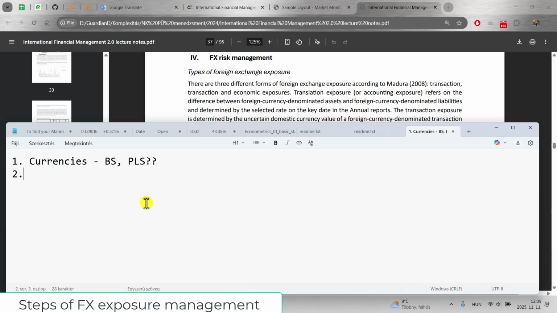The next thing, what we have to remember anyhow, is what is the net position. If we have more expenditures than revenues, it means that we are highly motivated to have appreciation against this currency, because in this case these expenditures will be shrinking down.